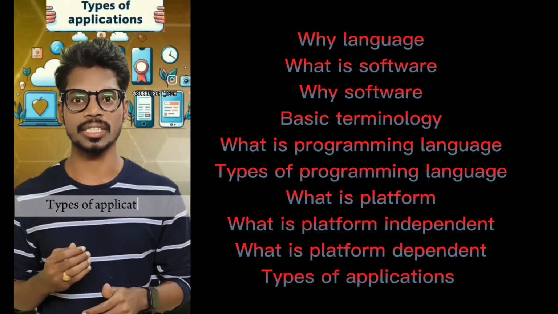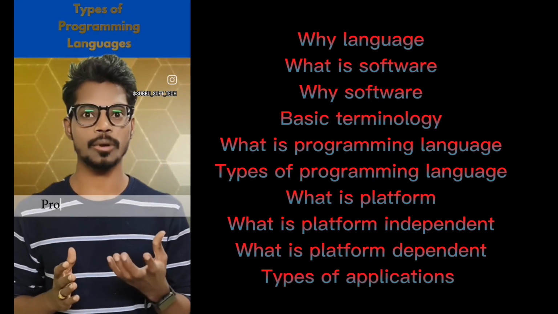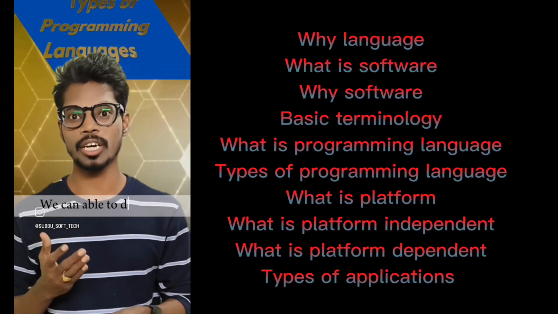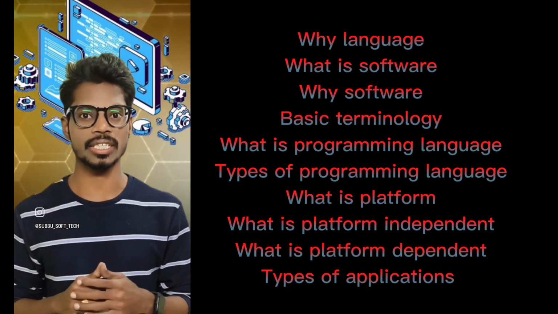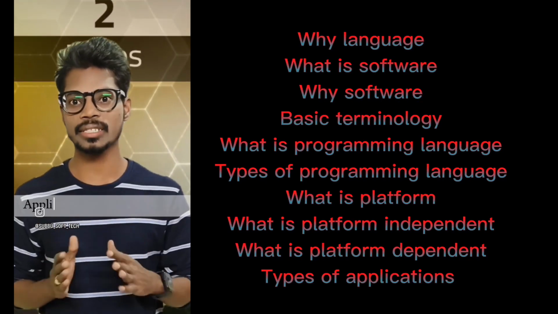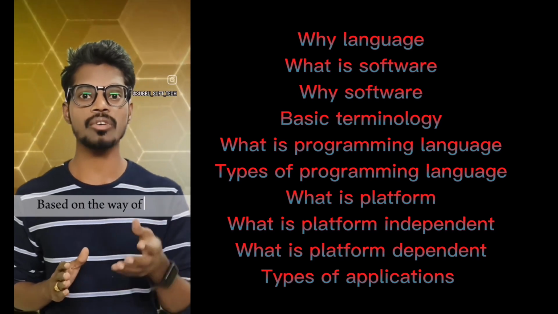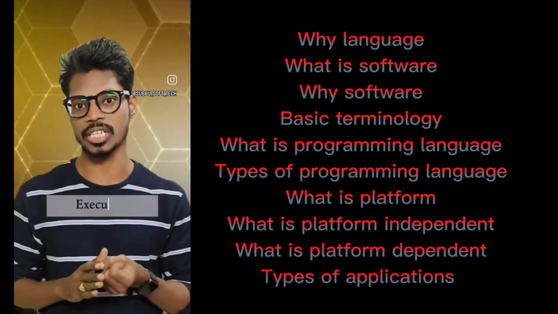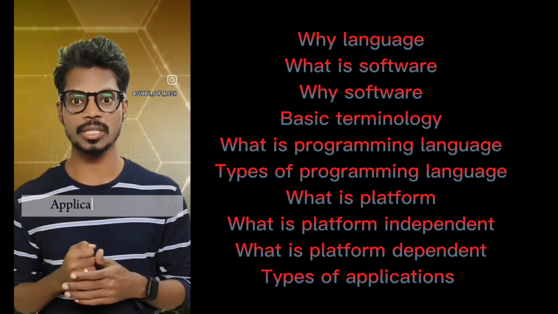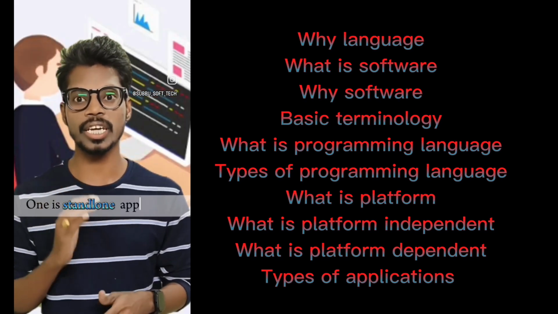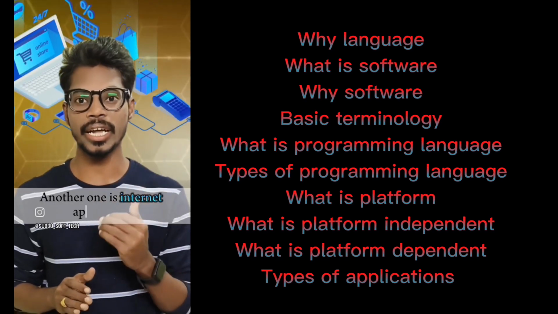Types of applications. By using different types of programming languages, we can develop different types of applications. Mainly there are two types of applications based on the way of program execution: one is standalone application and another one is internet application.